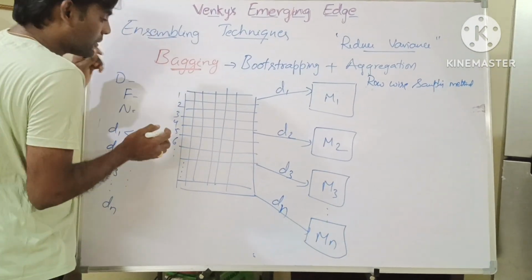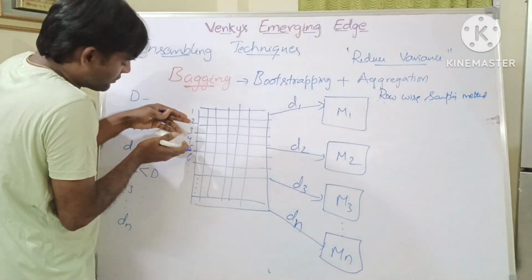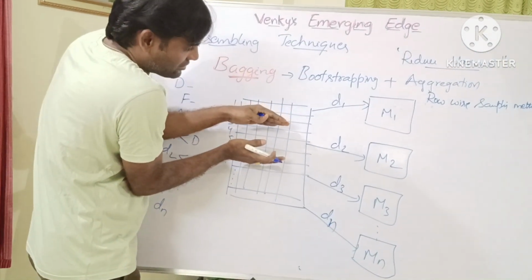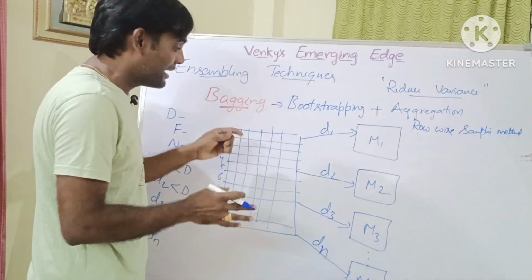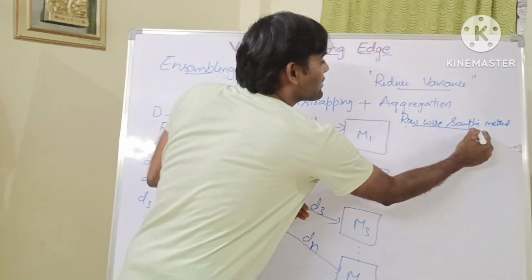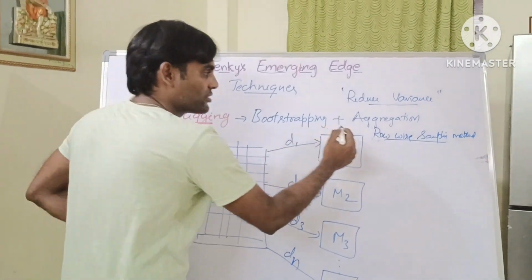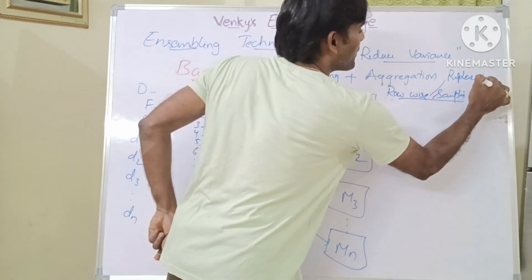What is the row-wise replacement sampling method? Replacement means, for example, 1, 2, 3, 4 is given to the first model. The next one is replaced, so automatically it is given, maybe, 2, 3, 4, 5 like that. That's why we are applying the row-wise replacement method. This is also a very important question for the GATE exam. Is it clear?